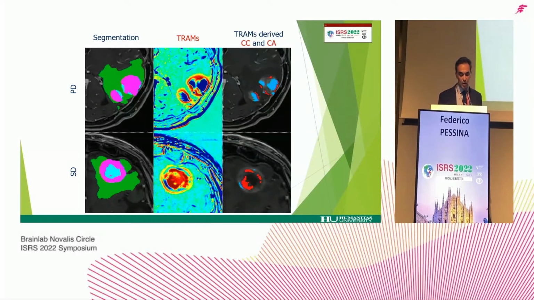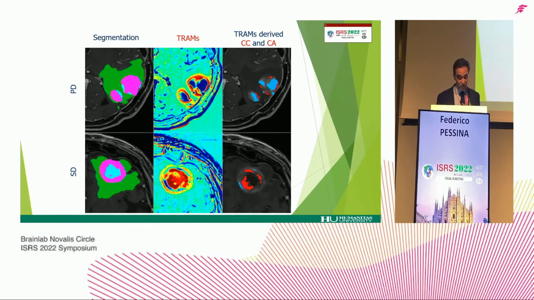This is an example: in the superior part, a global segmentation of the lesion, including also, by the FLAIR sequences, the non-enhancing areas after the reconstruction of the TRAM map, and on the right the reconstruction, in this case, of the active disease, excluding and erasing all the other possible confounders, so highlighting the presence of active disease.